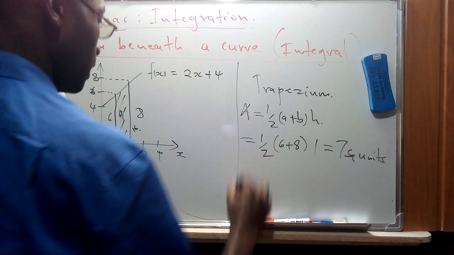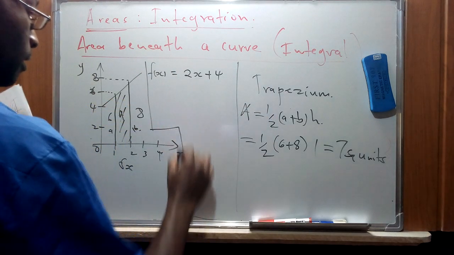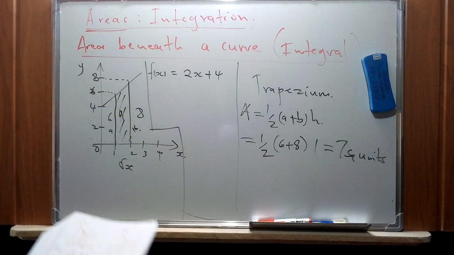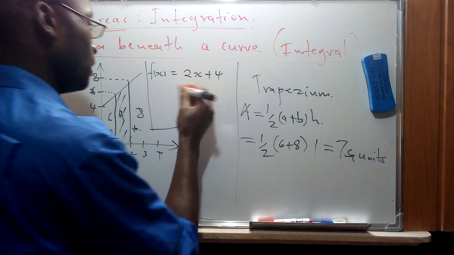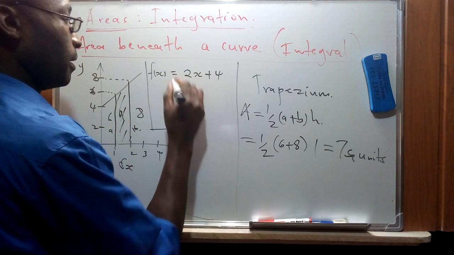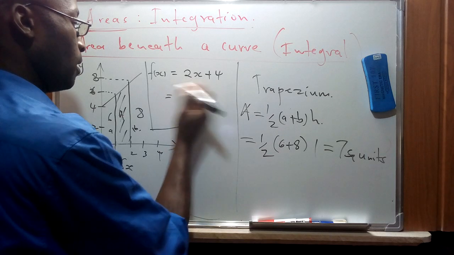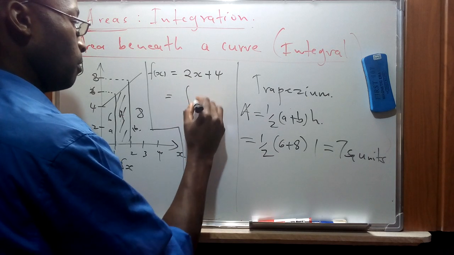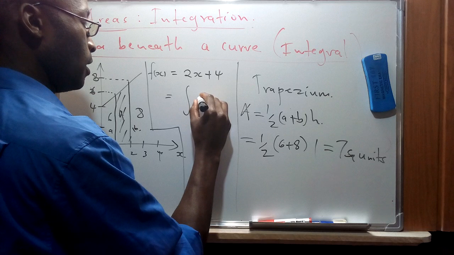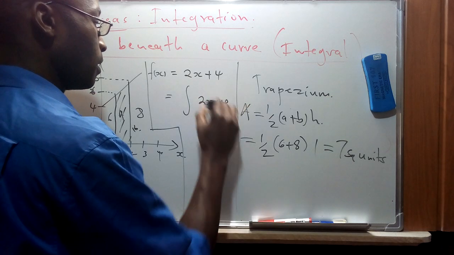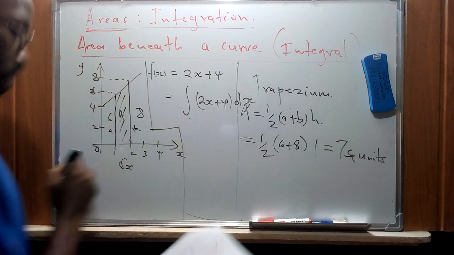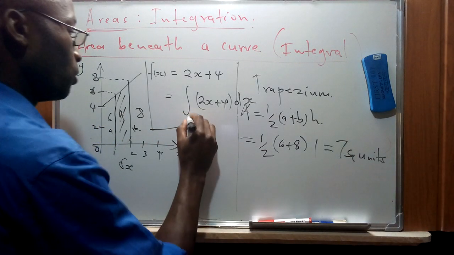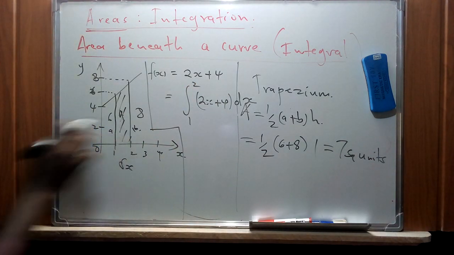Suppose we had a function like this, we shall look at different methods that are used to do integral functions. But for this, we can say simply that it is done like this: it is an integral of this function f(x), which is 2x plus 4 dx, from 1 to 2, the variation of x.